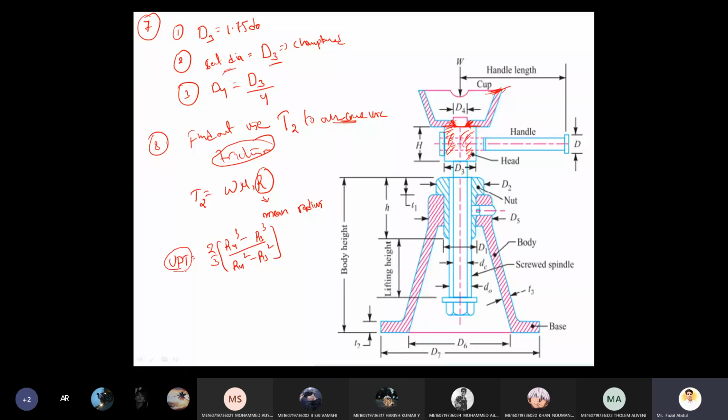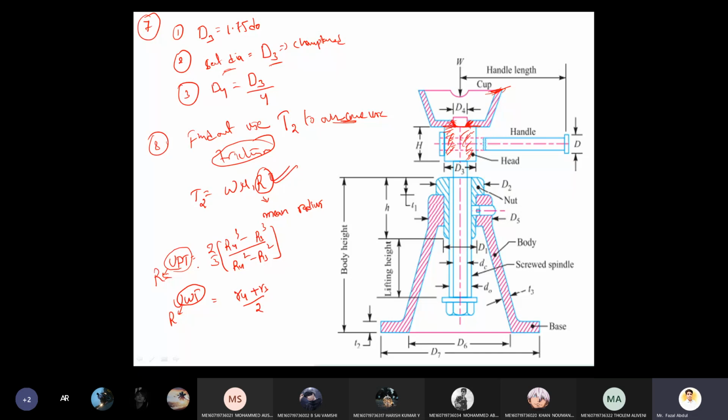Okay, if the question asks for the uniform wear theory, the mean radius equation becomes R4 plus R3 by 2. So these R values you need to substitute here.